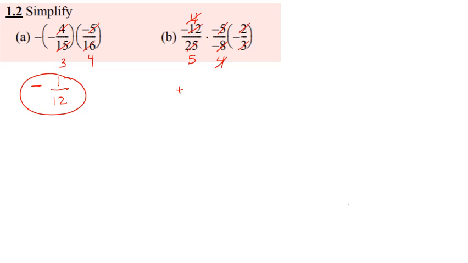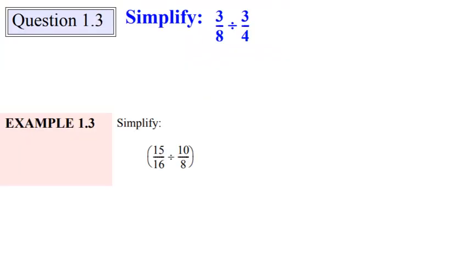And I think that's it. Yeah, so the numerator is 1 times 1 times 1, which is 1. And the denominator is 5 times 1 times 1, which is 5. And then again, I leave that positive sign out because we just assume when there's no symbol in front, it is positive. Okay, next lesson is dividing fractions.